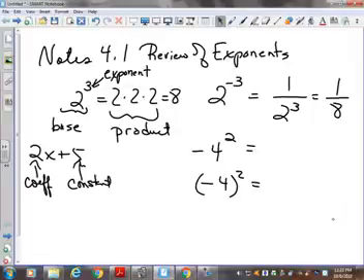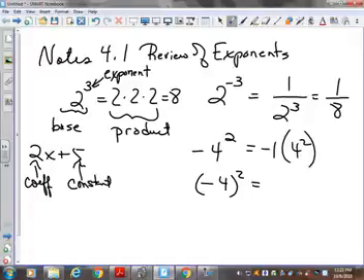So what's the difference in those two? The first one, it thinks that it would still be negative, but if you actually think about it, the negative 4 squared, it's like negative 4 times negative 4 equals positive 16. Okay, so this one means negative 1 times 4 squared. That's what it means.